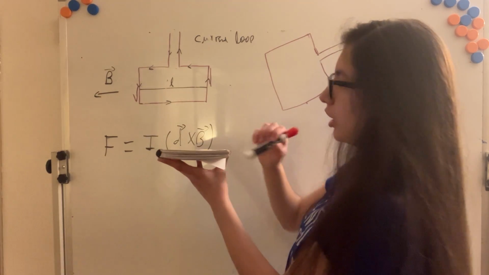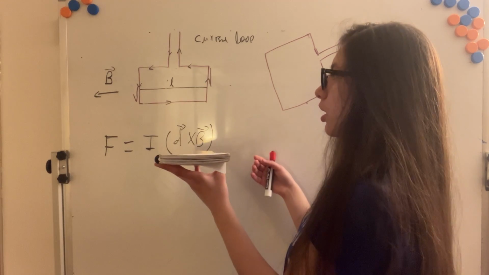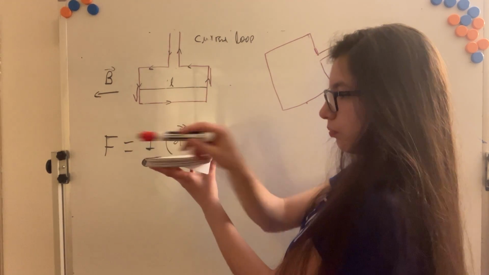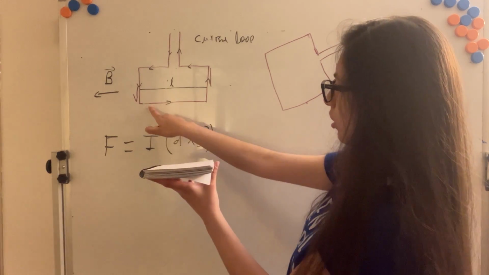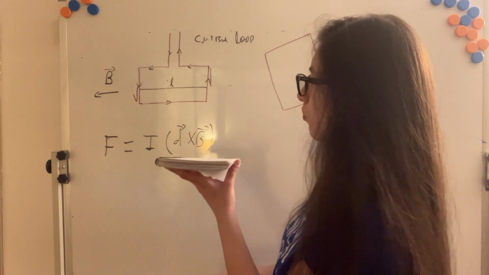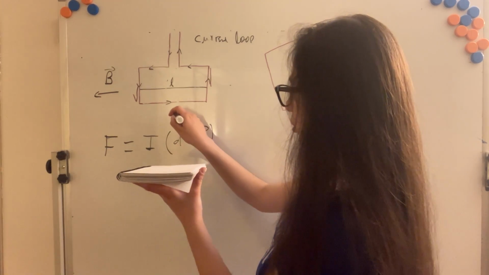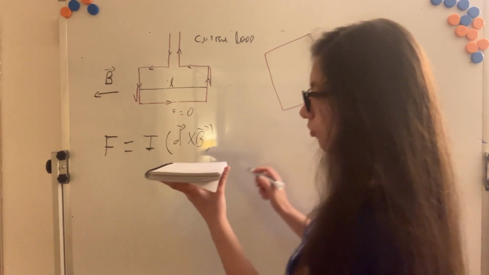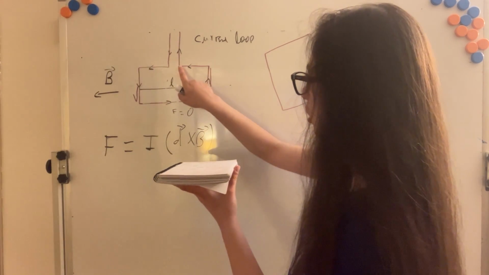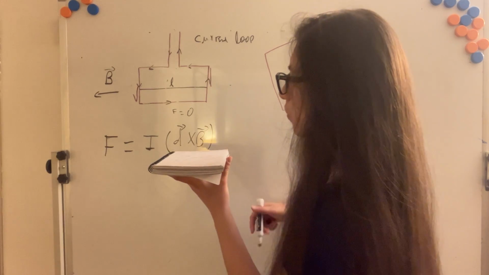Anyway, they are in the same line, or collinear, because the magnetic field goes in this direction, and this part of the wire is going in this direction. So here there would be no force. Then the same would be for this part and this part of the current loop.